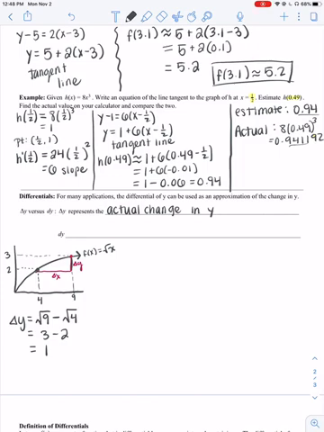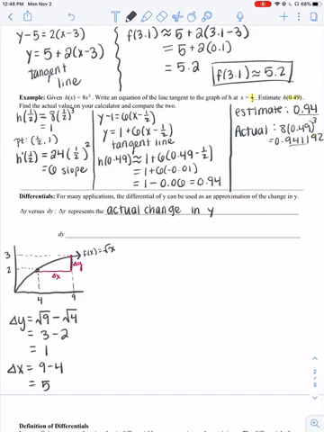And then the change in x was the two x values subtracted, so 9 minus 4, and in this case that was 5. And so you could find the average rate of change between these 2 points, because the average rate of change is just the change in y over the change in x.